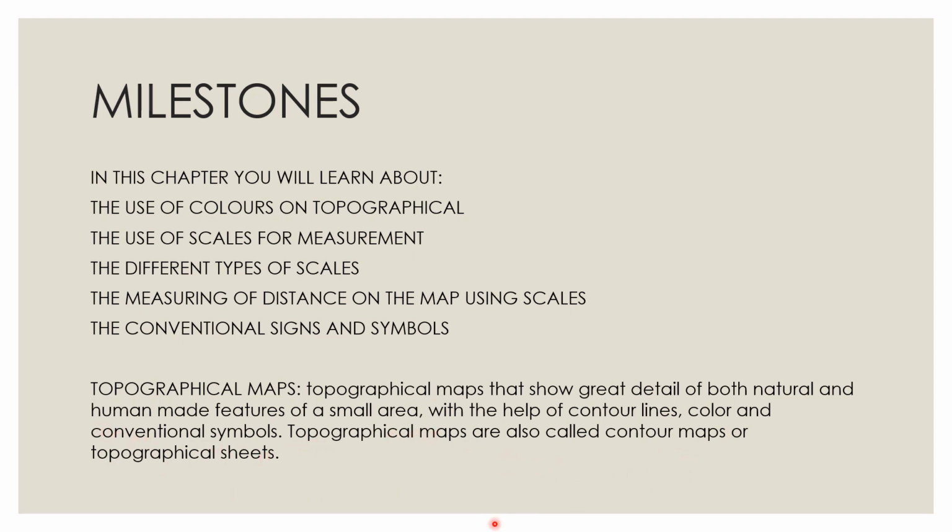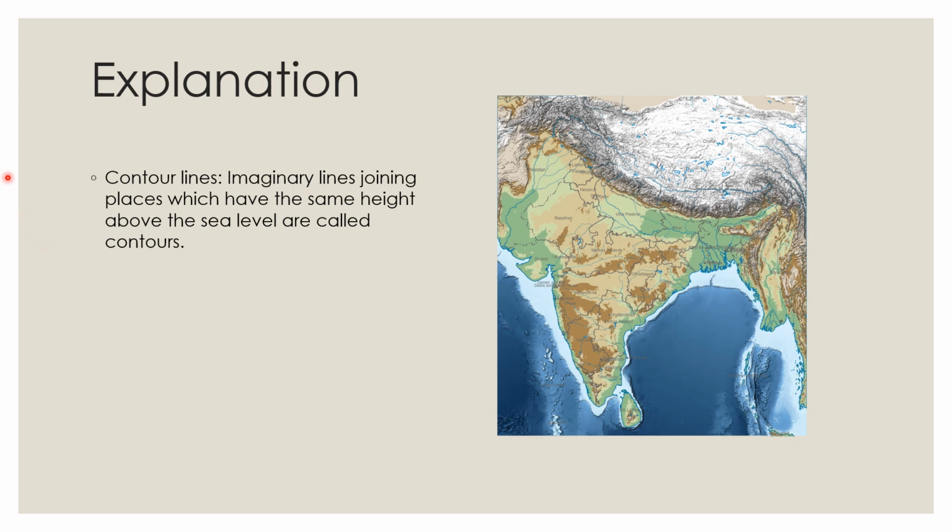Topographical maps are also called contour maps or topographical sheets. Imaginary lines joining places which have the same height above the sea level are called contours. So here you can see this black color. These are contour lines.